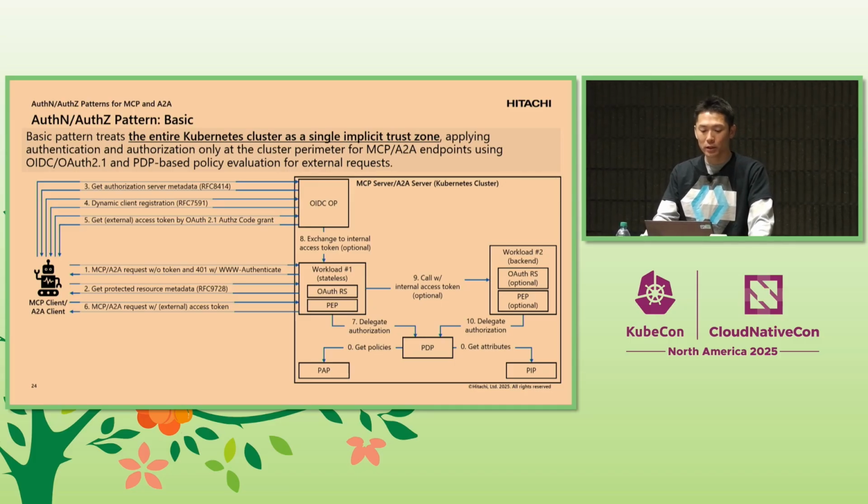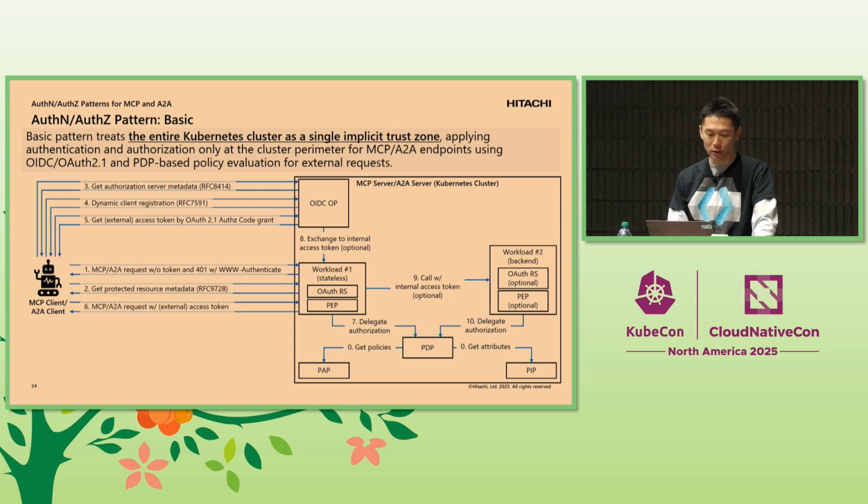External clients authenticate via OIDC or OIDC and OAuth 2.1, and authorization decisions for incoming requests are delegated to a PDP. Internal service-to-service communication does not require mutual TLS or token exchange, making this pattern suitable for environments with limited exposure and non-sensitive data.